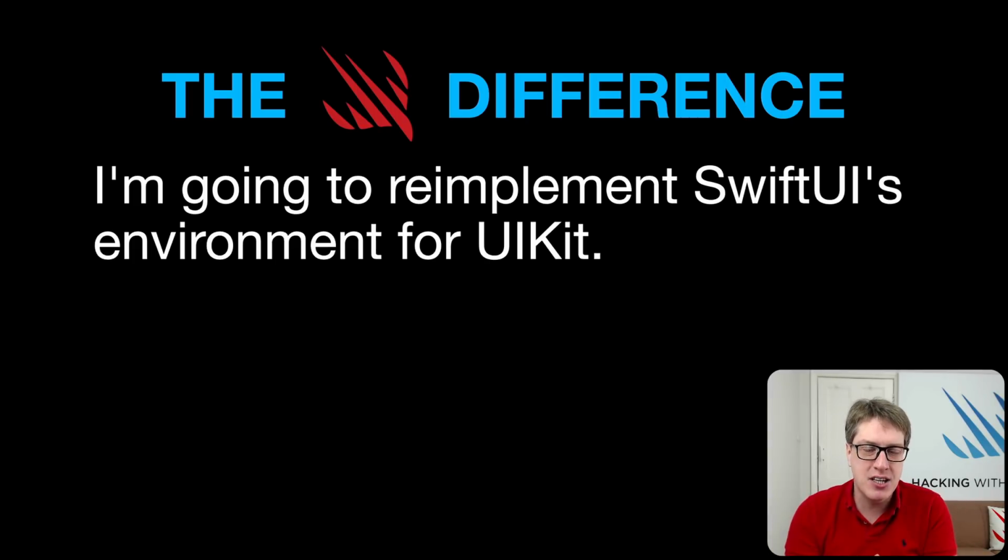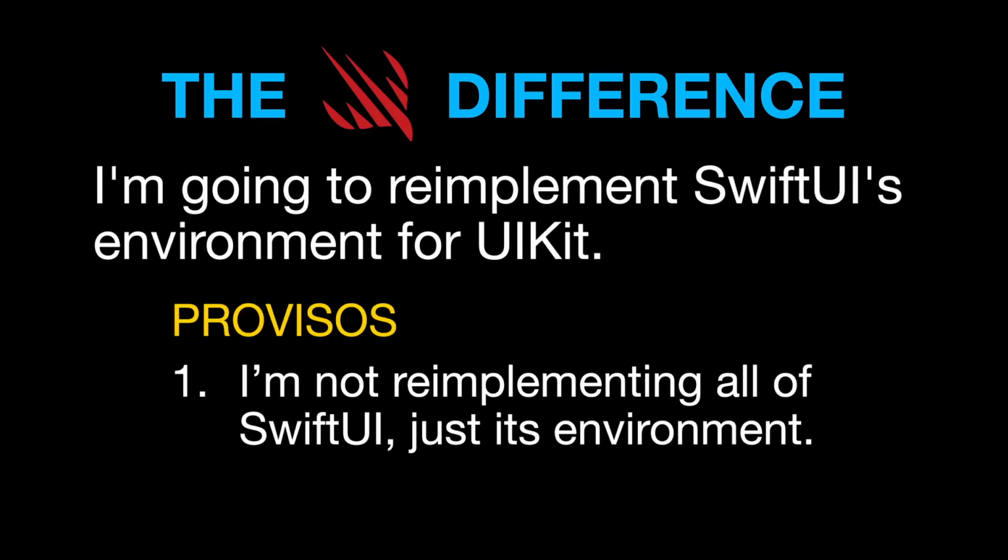Now, there are some provisos here. I want to make them clear up front. First, I am not re-implementing SwiftUI. That's a whole other massive thing. I'm just looking at the environment part of SwiftUI. And second, I will not be handling subdivisions. There'll be one environment for every kind of view in our app.